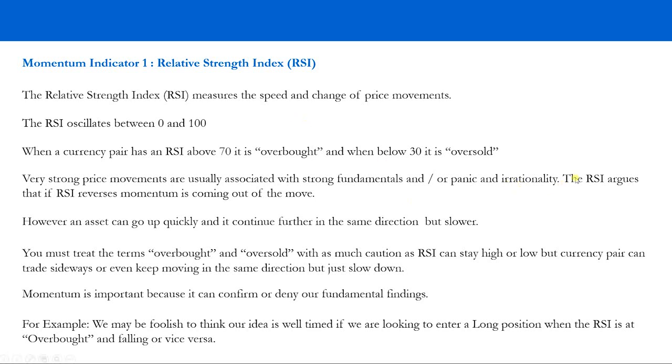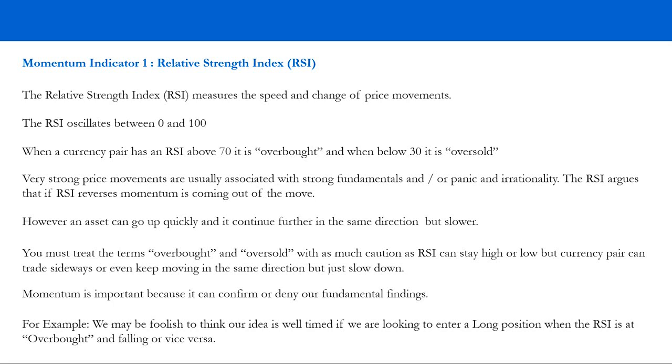Now, the RSI oscillates between 0 and 100, so on a scale of 0 to 100. And when a currency pair has an RSI above 70, it is said to be "overbought". And when it's below 30, it is said to be "oversold".